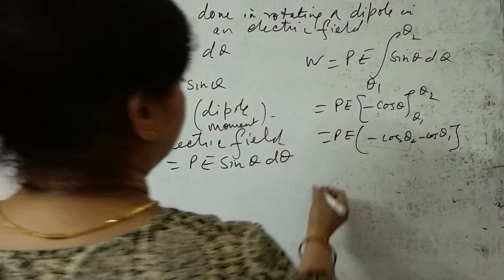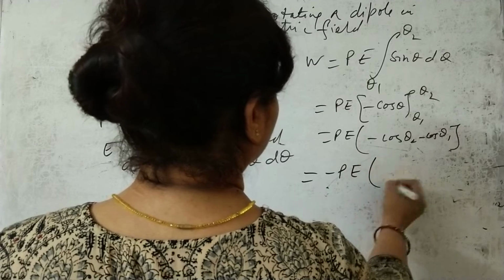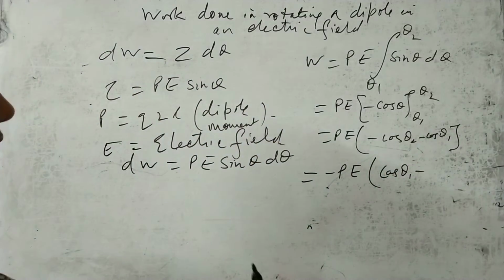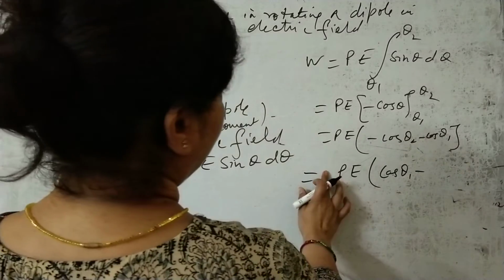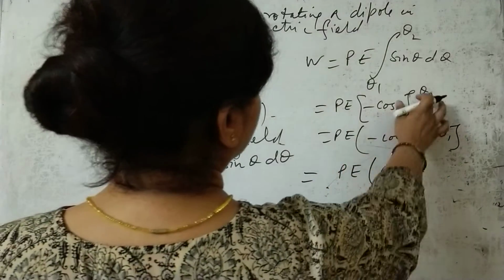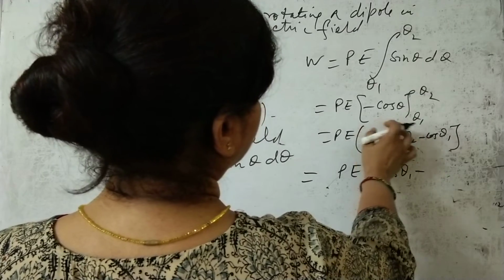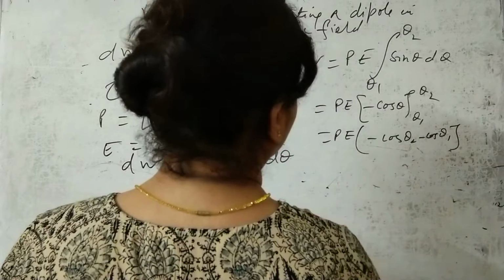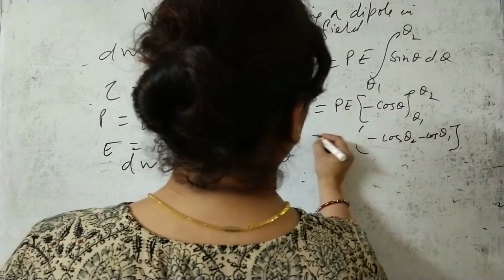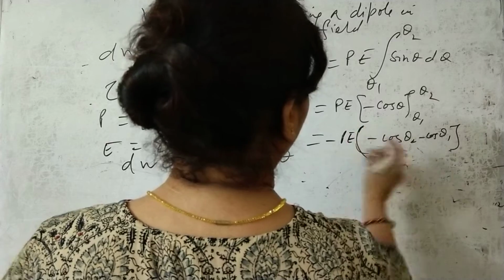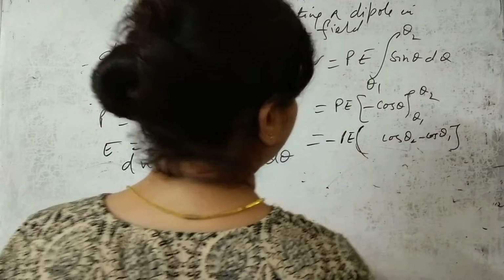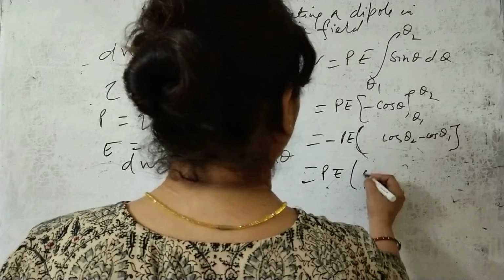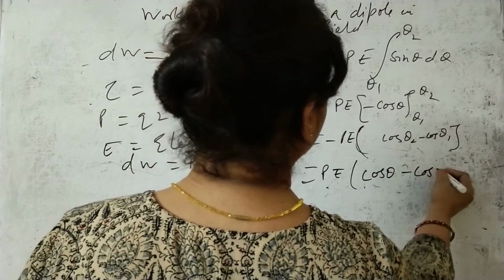Okay, or we can write this as minus PE, you take minus PE outside, it's easy to do, cos theta 2 minus cos theta 1, or we can write PE into cos theta 1 minus cos theta 2.